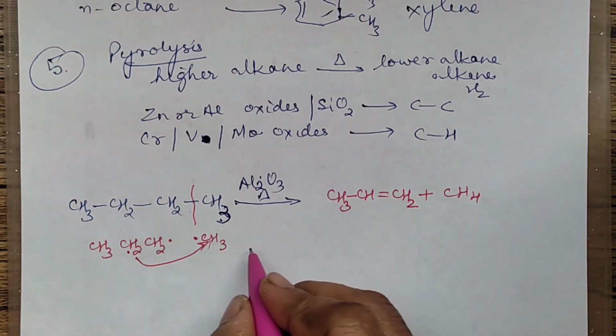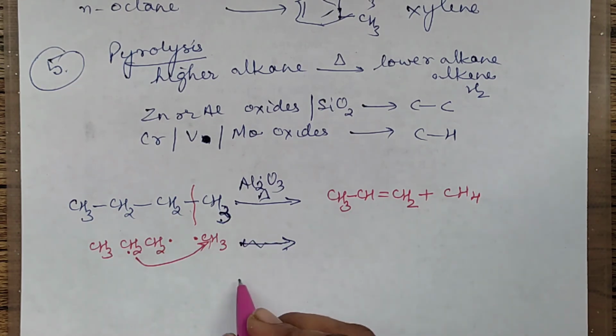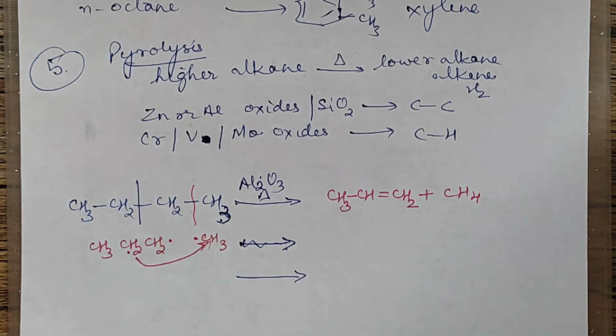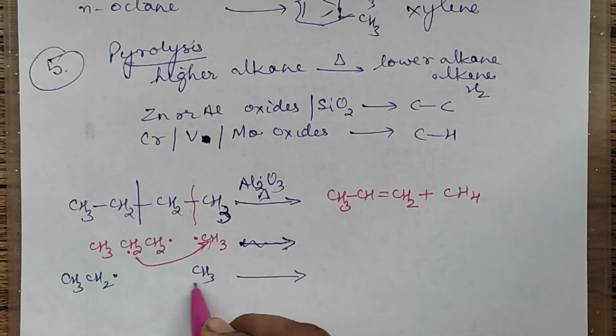I am writing with the other color to understand the next one. Okay, let me write down here. Suppose this bond breaks. If this bond breaks, the possibility is that it will form a CH3, CH2 free radical and a CH3, CH2 free radical.